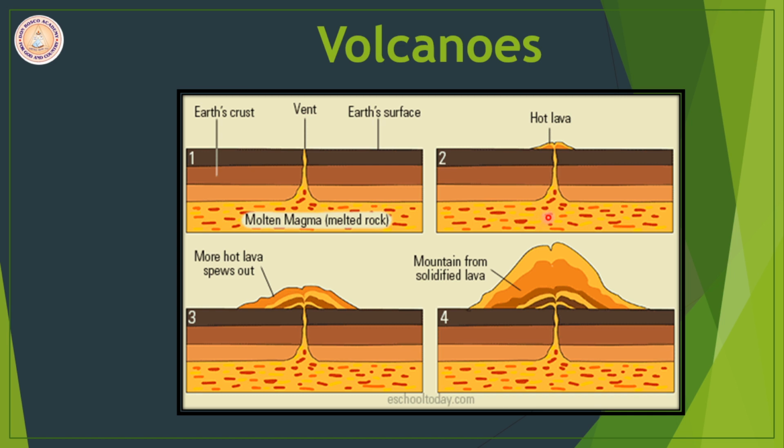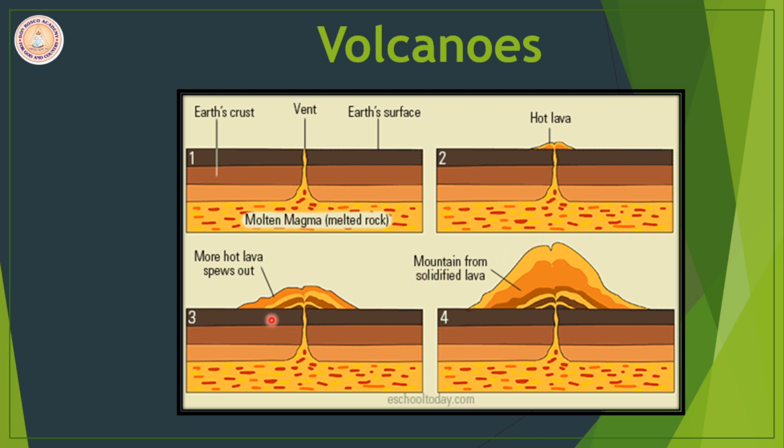You can see over here how the molten magma comes out from this vent, and the lava, once it comes out, it is known as lava. It accumulates near the vent and forms a small triangular shaped feature.